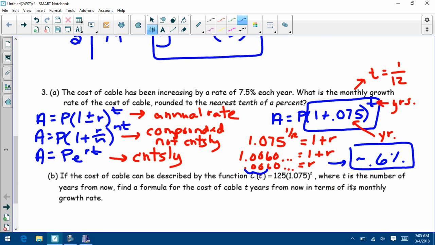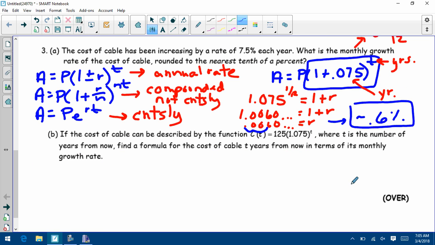Okay, so then part B kind of goes along with that. If the cost of cable can be described by this function, C of t equals 125 times 1.075 to the t, where t is the number of years from now, find a formula for the cost of cable t years from now in terms of a monthly growth rate. So we just found out again that the monthly rate was 0.6%.